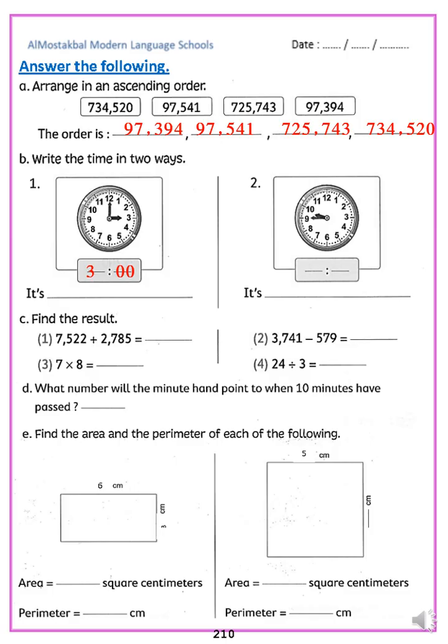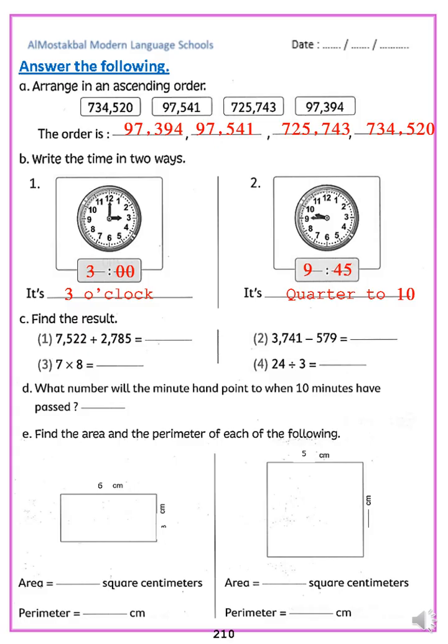The next clock, the short hand is between 9 and 10 and the long hand points to 9, so the answer is 9:45. The time in the first clock is 3 o'clock. Okay, and the second clock it's 9:45.